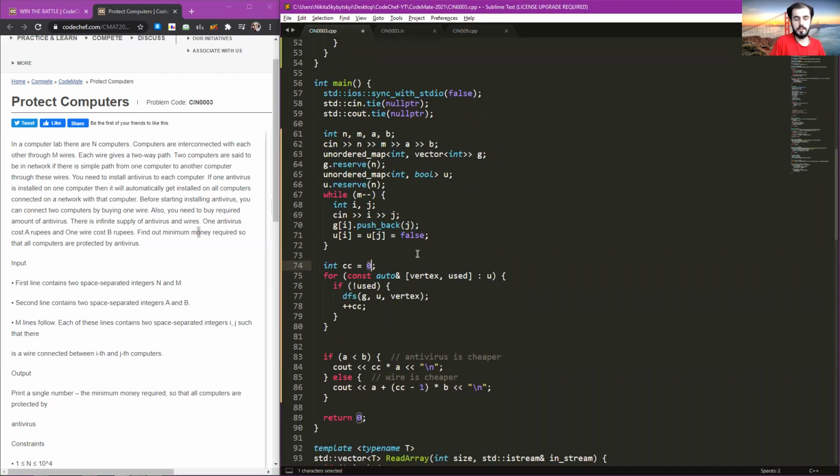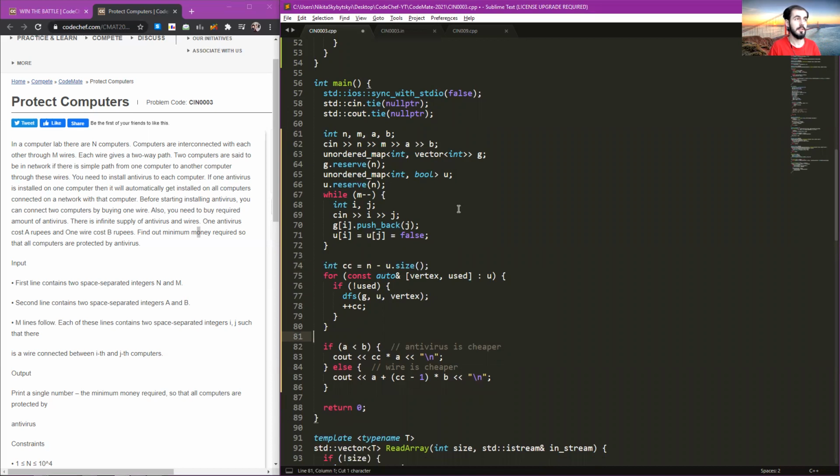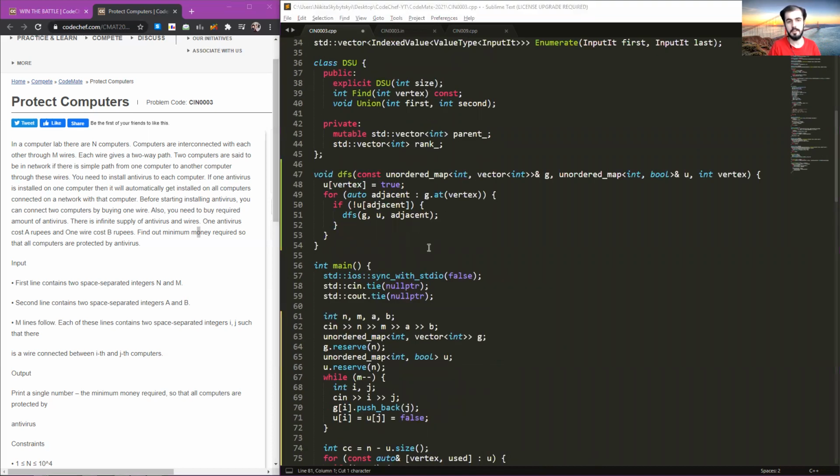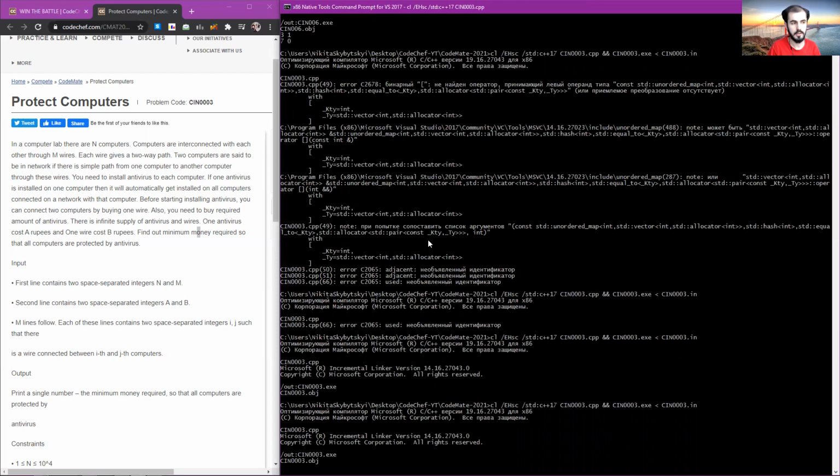Some vertices may not be given in the input, right? We should start like this. But also I don't understand what is wrong. My code stops without any output.